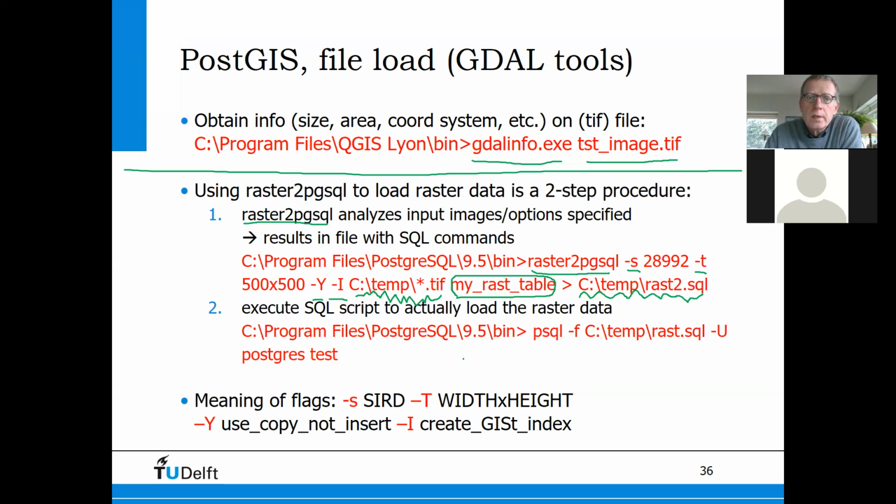The actual data loading is then done in the second step, by starting the program psql with as input the same file, and you store it in the Postgres database, in the test database. So two steps. The first one only creates a series of SQL commands, and the second one executes the commands, and that causes the actual data load.